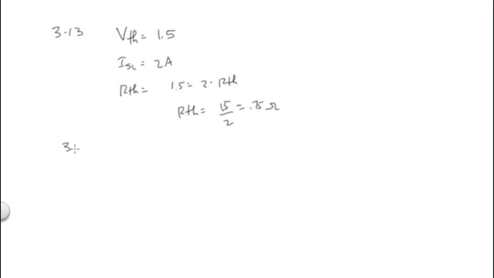314. Okay, so V Thevenin is equal to 9. I shorted load is equal to 1.25. Find R Thevenin.